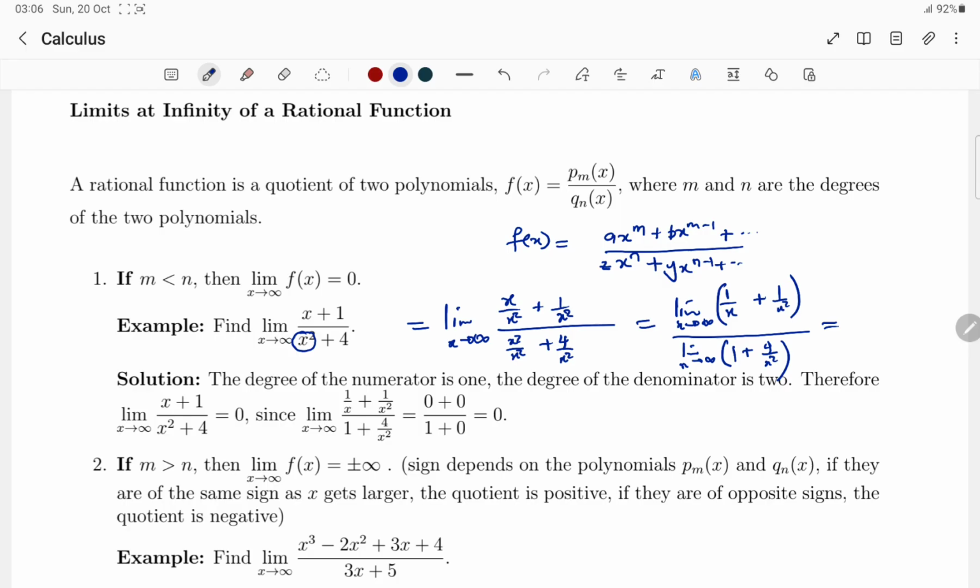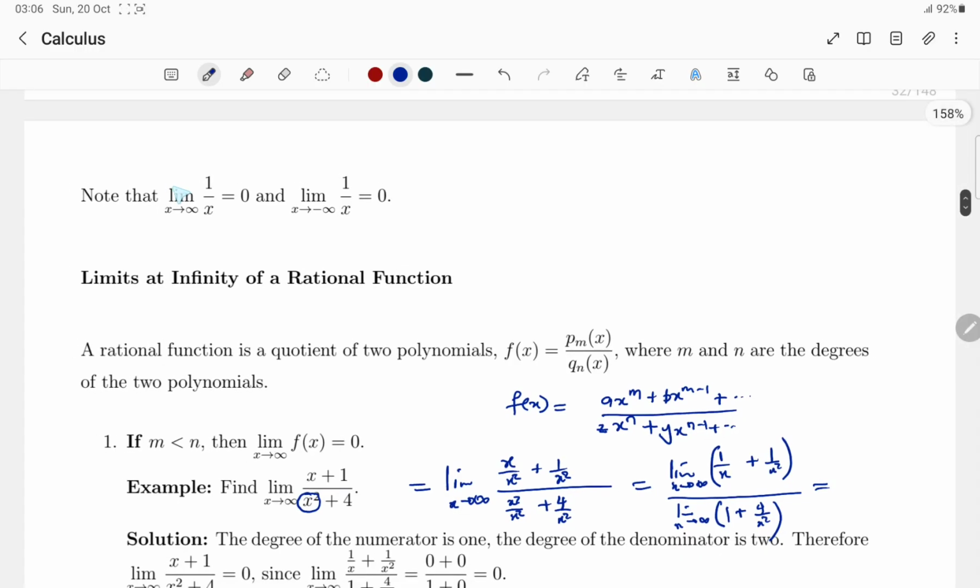After this, you can just distribute your limit, since we know that the limit as x approaches infinity of 1 over x to the n is equal to 0.